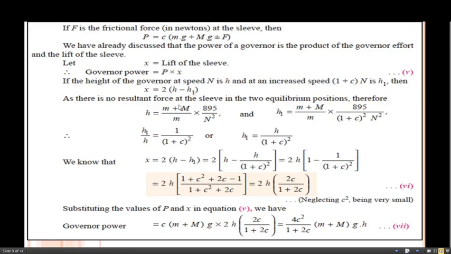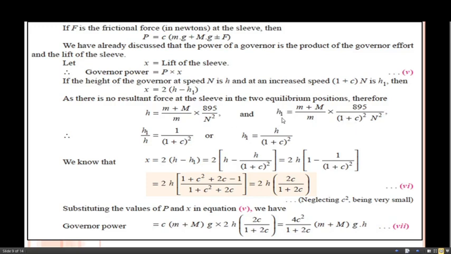As there is no resultant force at the sleeve in the two equilibrium speeds, we can get this relation for the height h corresponding to this speed, and this relation for the height h1 corresponding to the increased speed.